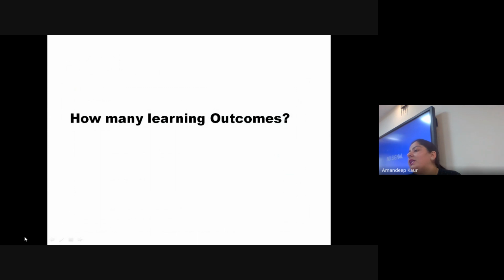Next is how many learning outcomes. How many learning outcomes need to be there for a lesson? अगर आपका 45 मिनट का क्लास है तो कितनी लर्निंग आउटकम डिजाइन करेंगे फॉर योर स्टूडेंट्स? Yes, the members available with us online.